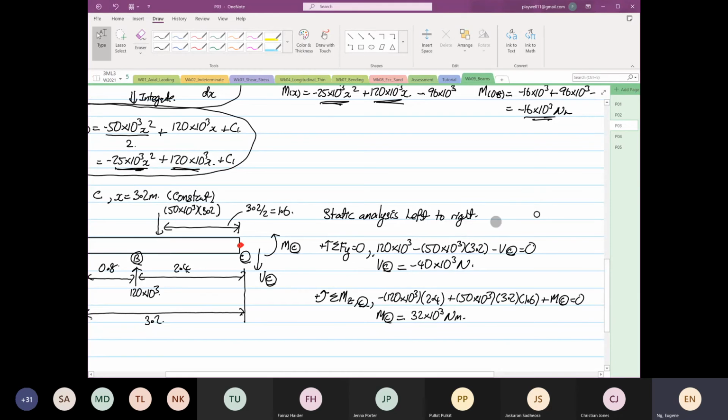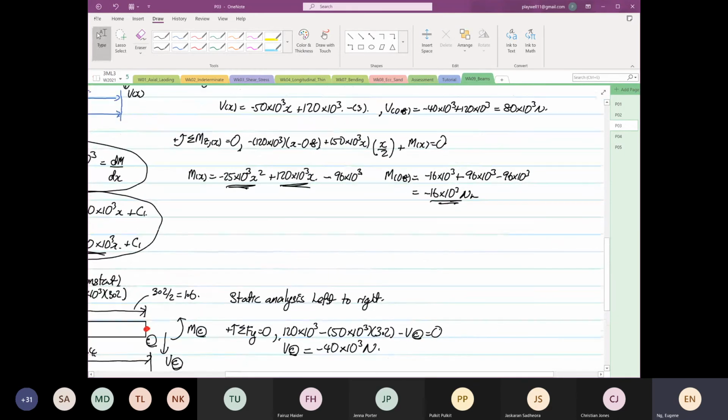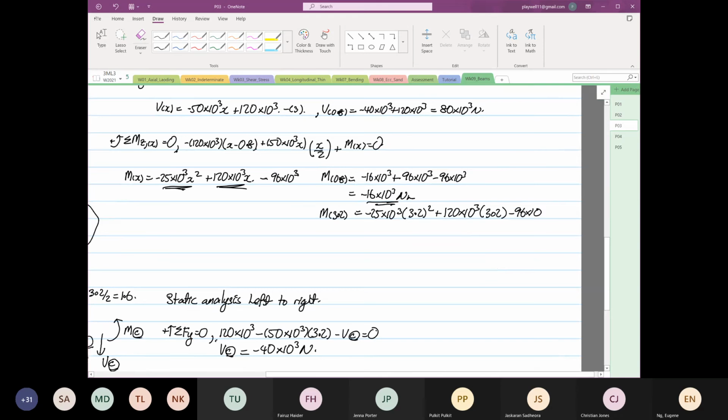Now you can also check this, okay, if you want. So I'm just going to do moment. Okay, so now if x is equal to 3.2 on the previous equation, you will have minus 25 times 10 to the power of 3 multiplied by 3.2 squared plus 120 times 10 to the power 3 multiplied by 3.2 minus 96 times 10 to the power 3, right?